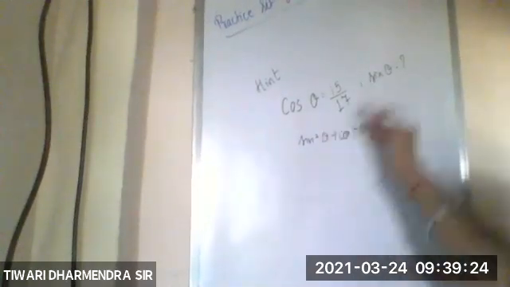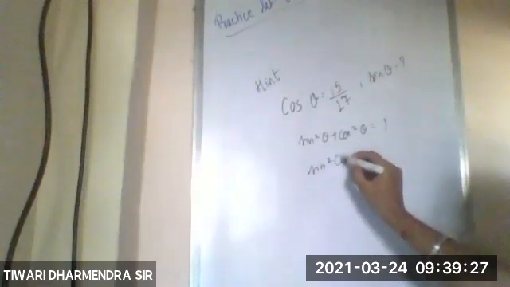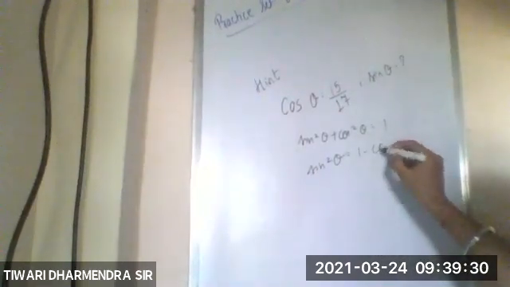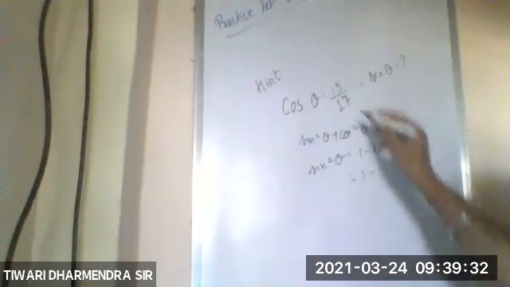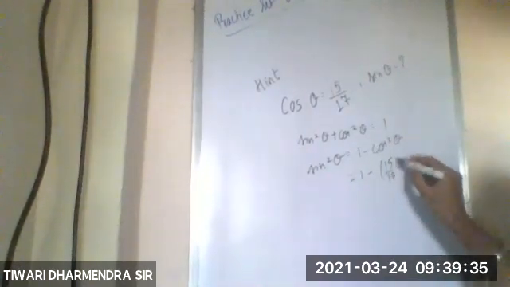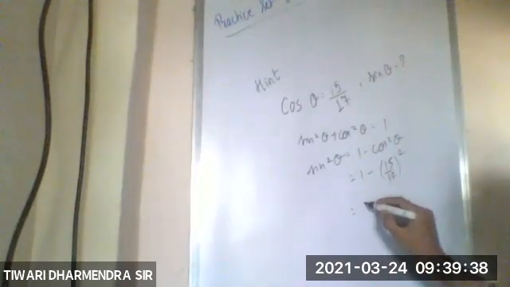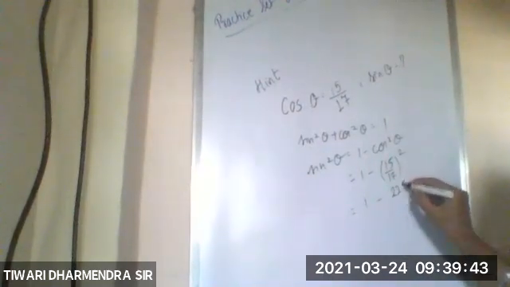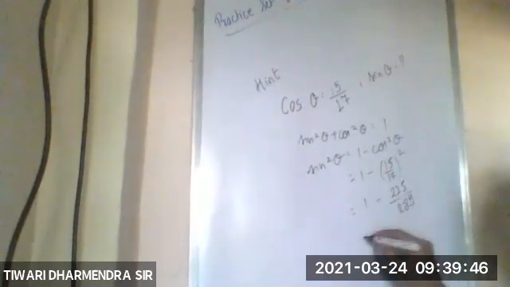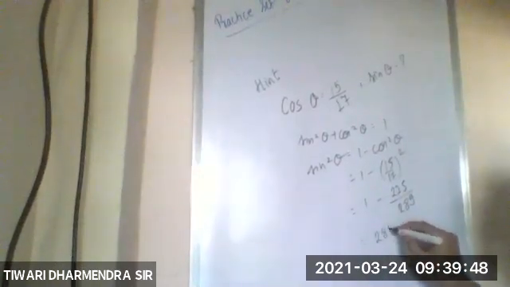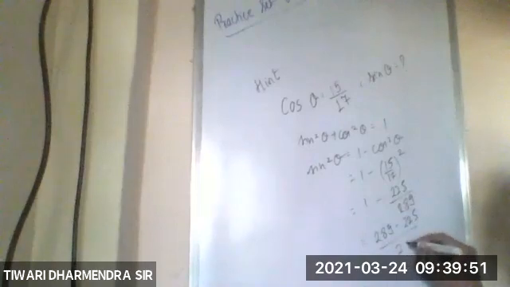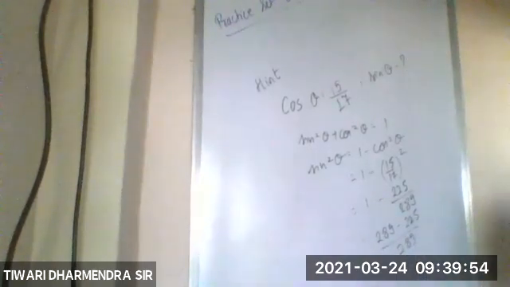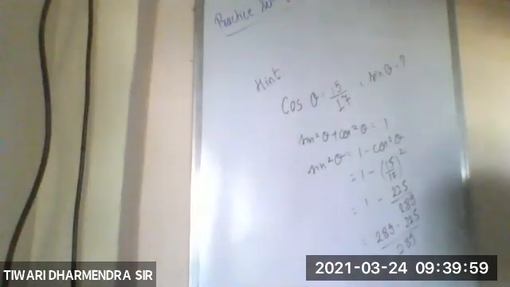As you know the value of cos theta, and you want the value of sine square, so 1 minus cos square, right? 1 minus the value of cos, 15 upon 17, the whole square. So it is 1 minus 15 square, which is 225, upon 289. Do the cross multiplication and you will be able to solve it. So as you can see how easily we can solve the problems, similarly you can try different types of problems.